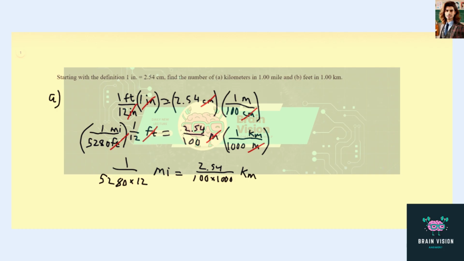So we can then multiply both sides of the equation by the same number so that we can isolate this so it's only 1 mile.